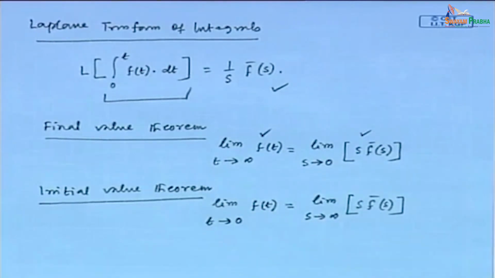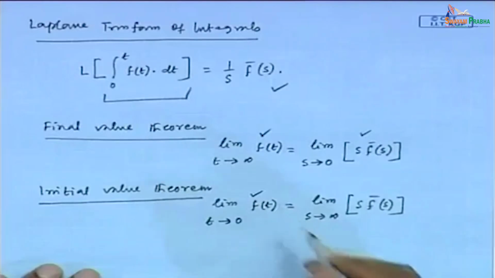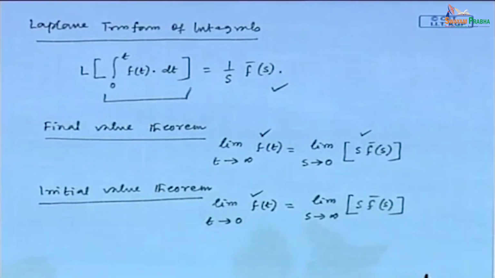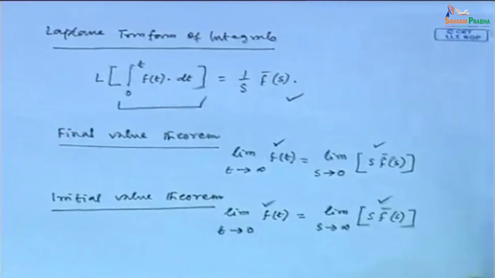This is the initial value theorem. Similarly, if the modeling equations are in time domain, we have to consider the left side. If they are in Laplace domain, we can consider the right hand formula. So, these are in brief about the Laplace transforms. Fine.